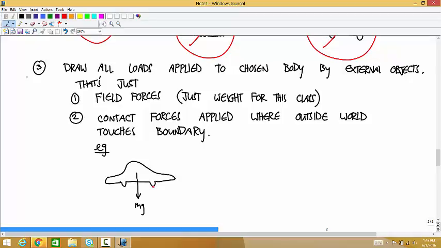So there's one here, there's one here, and there's one here. So there's an external force applied by the cat. There's an external force applied by the grass on the front wheel. And then there's an external force applied by the grass on the rear wheel.